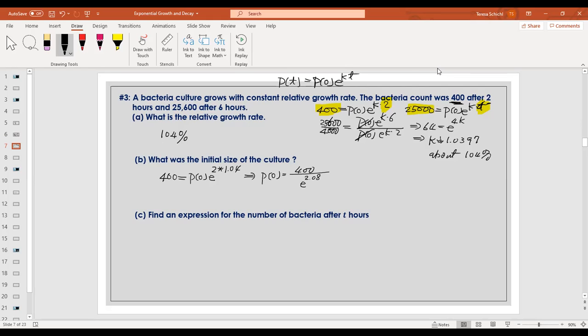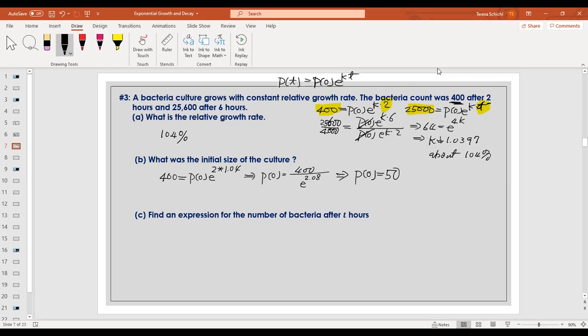Am I right? Okay, so now in here we can find the P0. So what is my P0 here? It's about 50.